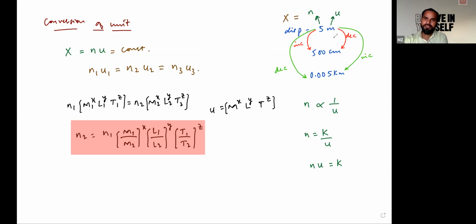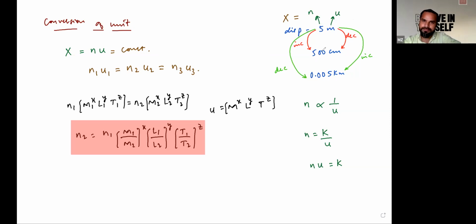Now I have just converted one system of unit, initially meter, into another system of unit, that is centimeter, kilometer, to check how the unit and the numerical value are affected by one another. On converting from meter to centimeter, I'm decreasing the unit, and the numerical value from 5 becomes 500.